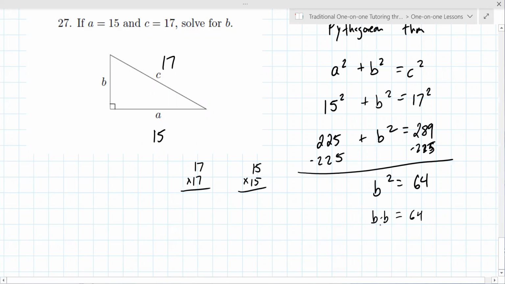What number times itself gives you 64? Okay. That is going to be all right. 8. Yes, b is equal to 8.